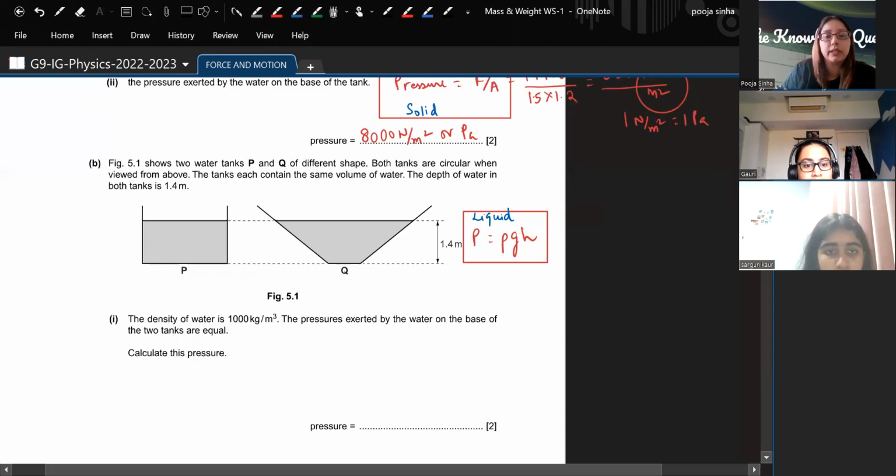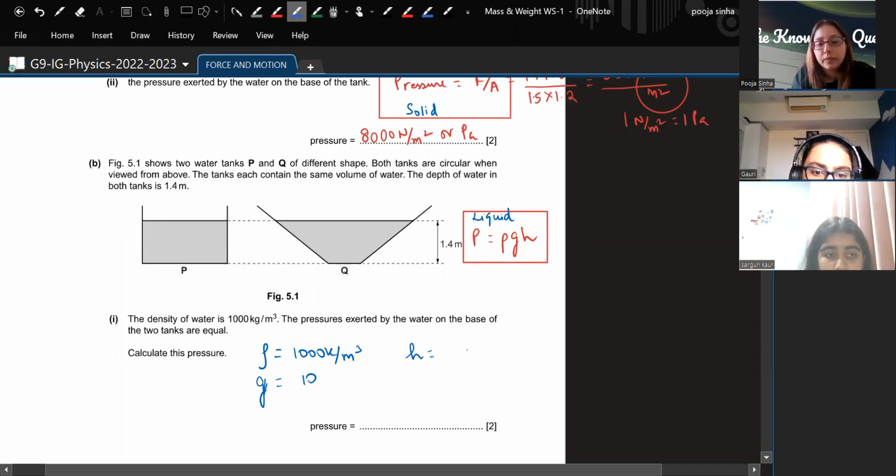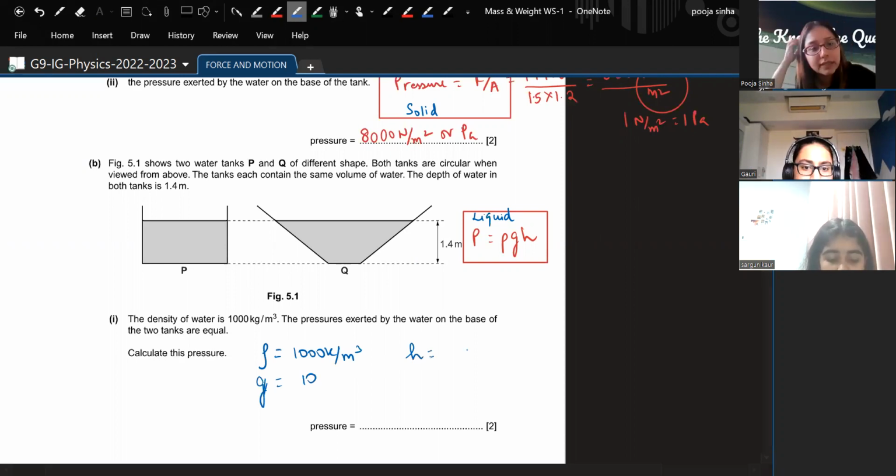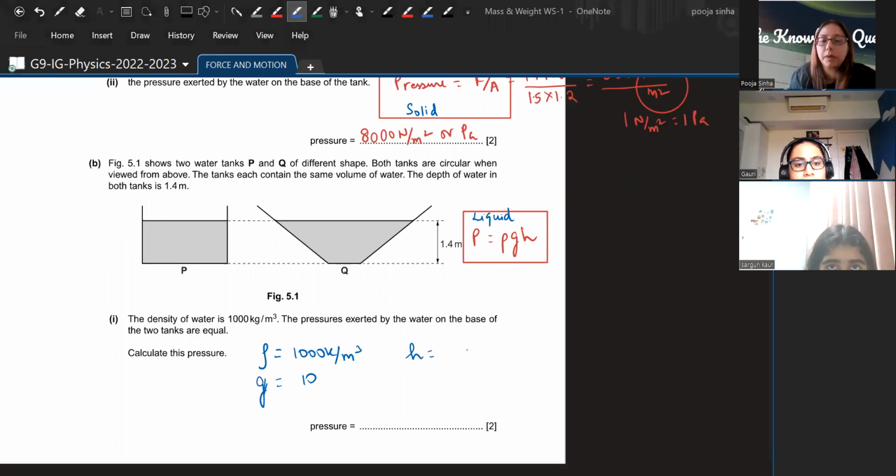Read the question quickly and tell me. The density is 1000 kg per meter cube. Okay. What is G? 10. Gauri, how much is H? H is the height, 1.4. So what is the answer for this B ka first part?